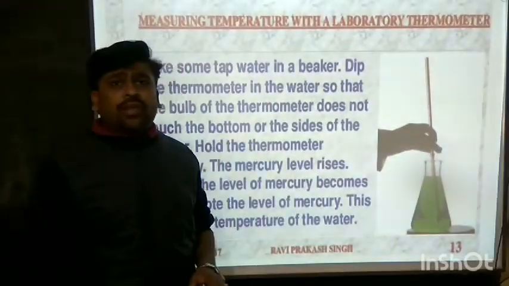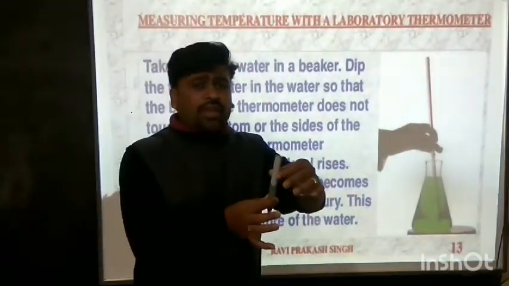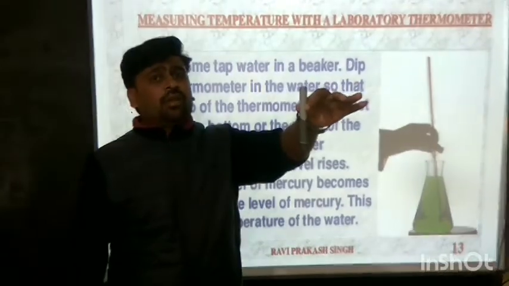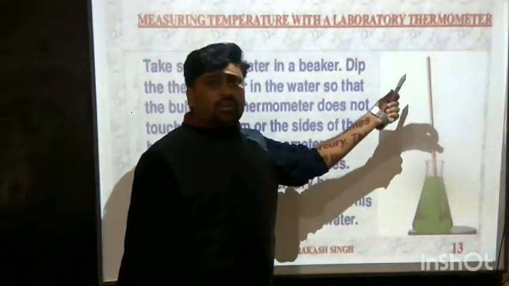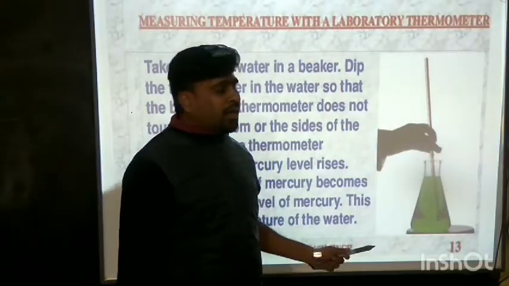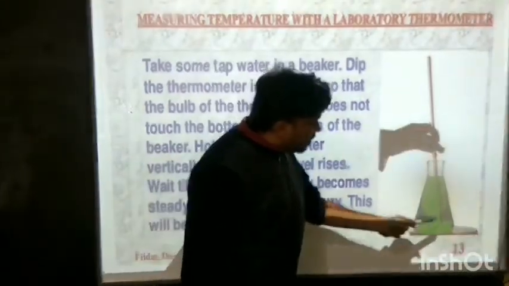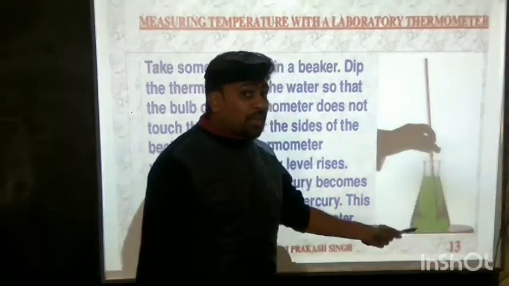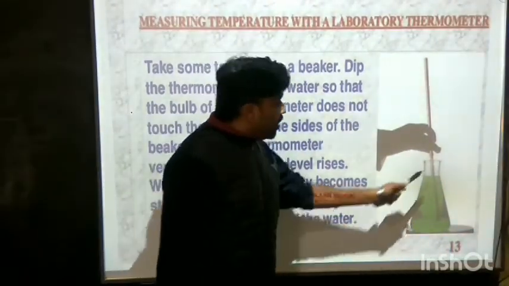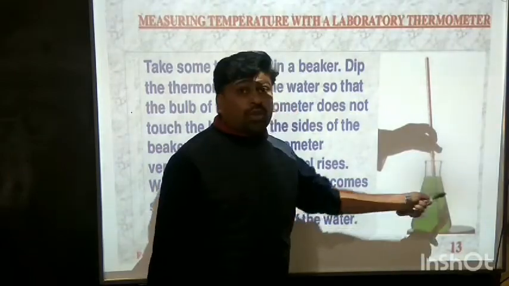This kind of thermometer is always placed vertically. When you measure the temperature of water, the thermometer should not touch the bottom of the conical flask, and also should not touch the sides of the flask.